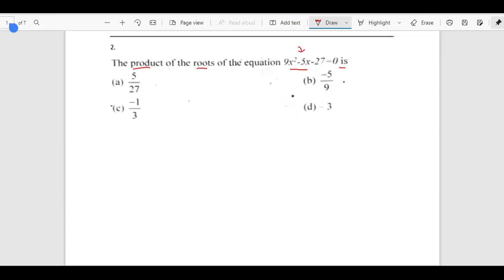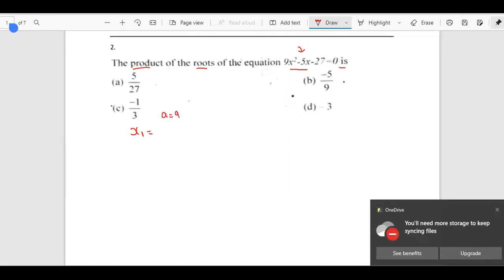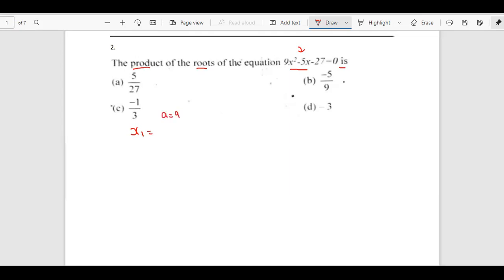So without wasting time, let's talk about the roots directly. Again, x1 would be, in this case, a is 9. The coefficient of x square is a, that is 9. b, the coefficient of x, is minus 5 and the constant term is minus 27.